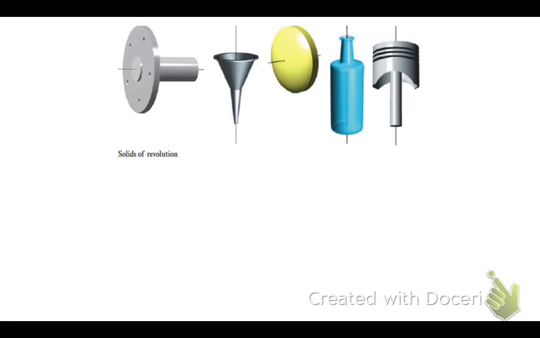Like here, if I cut it right here, that would look like this, and if I took it and rotated it about this axis, I would get that shape. Do you see what I'm saying?